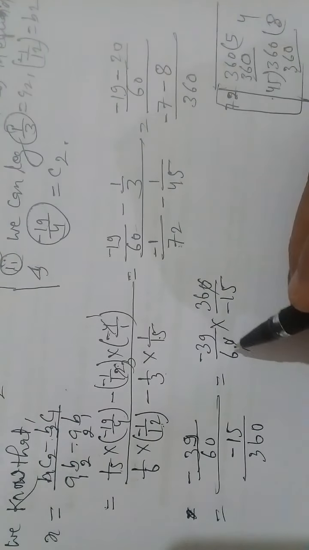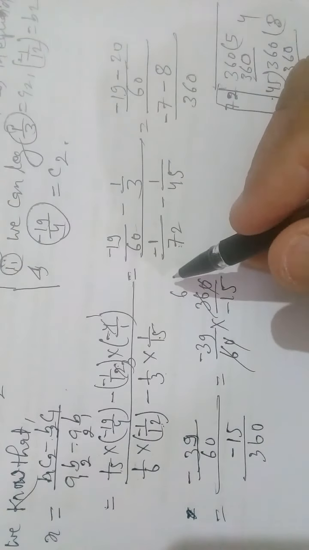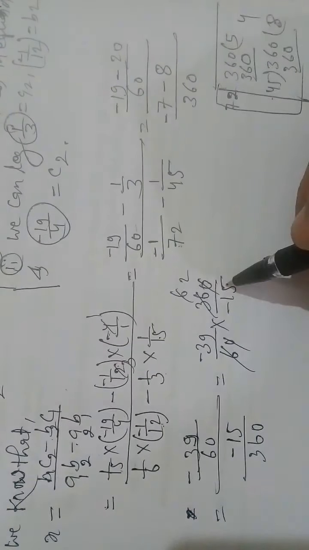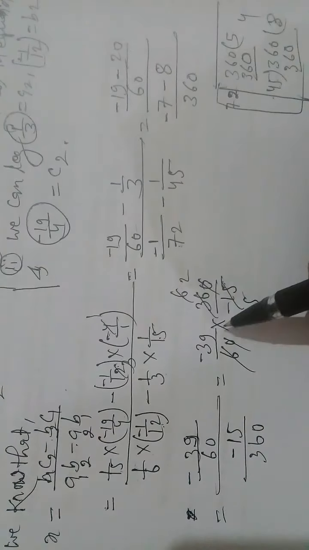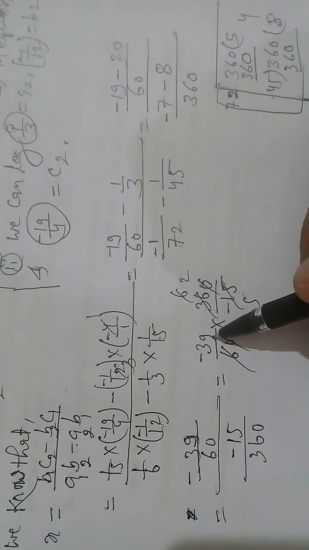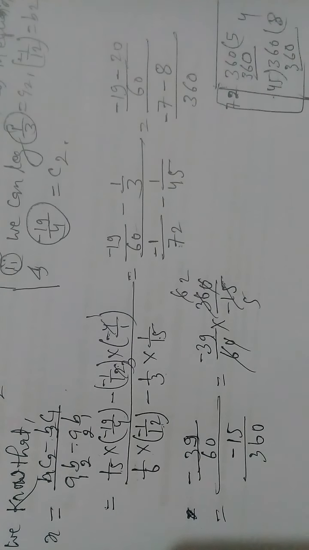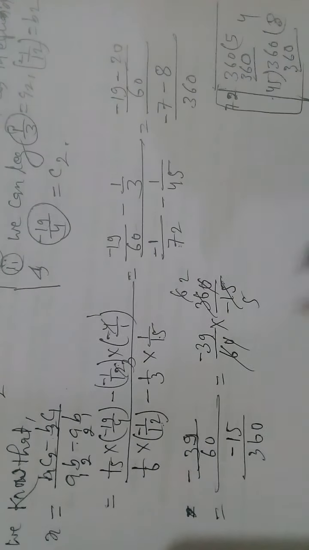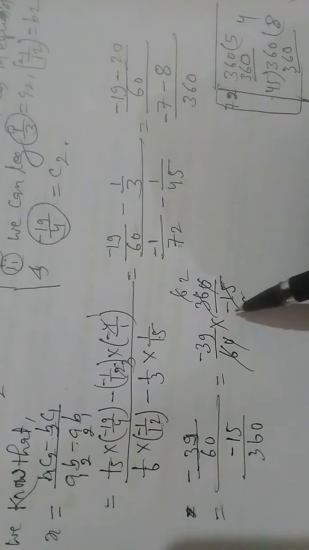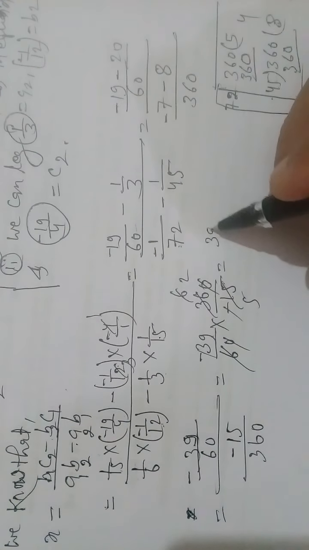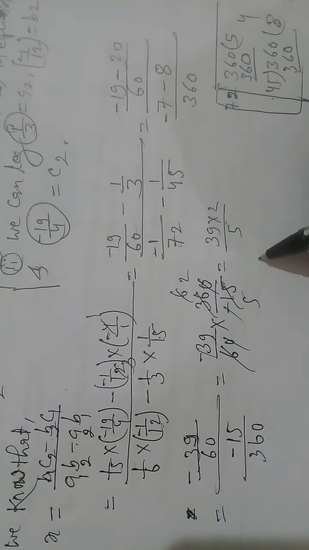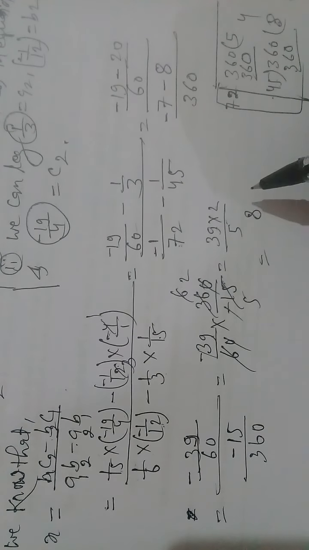Value of x of question 8: value of x is 18. Minus 39 into 2 by 5.